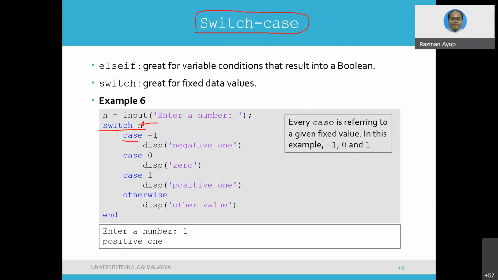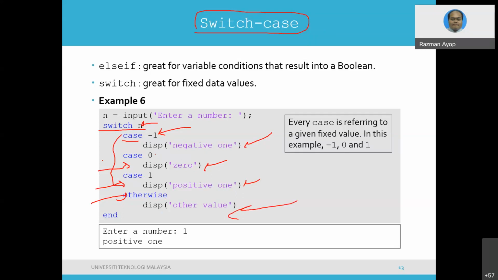Then you have case: what happens if n is equal to -1, what happens if n is equal to 0, what happens if n is equal to 1. And then of course display. And of course otherwise. Otherwise is basically if you don't follow any of the cases, it will just display this.